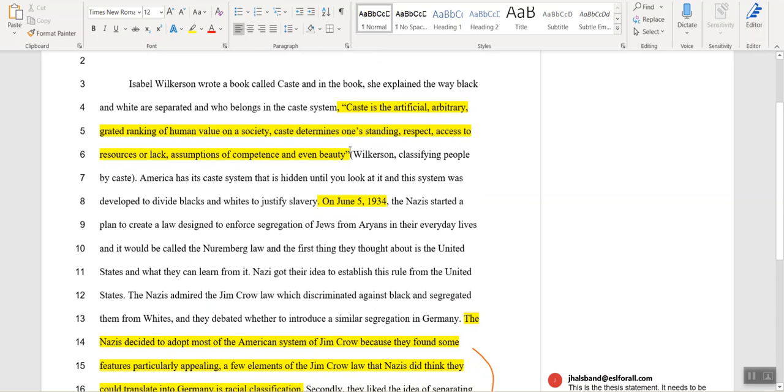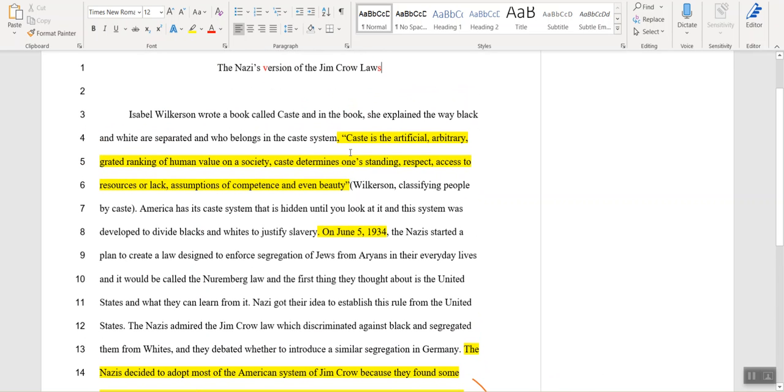Let's see. Isabel Wilkerson wrote a book called Caste, and let's see.